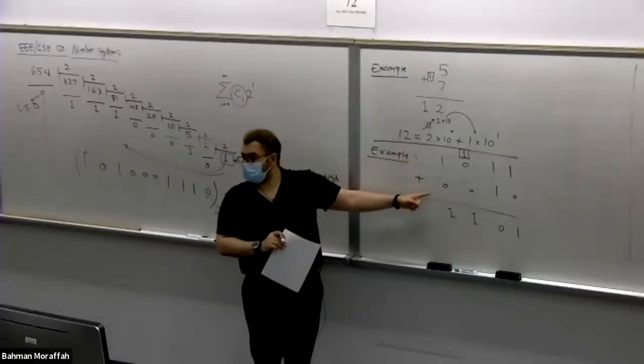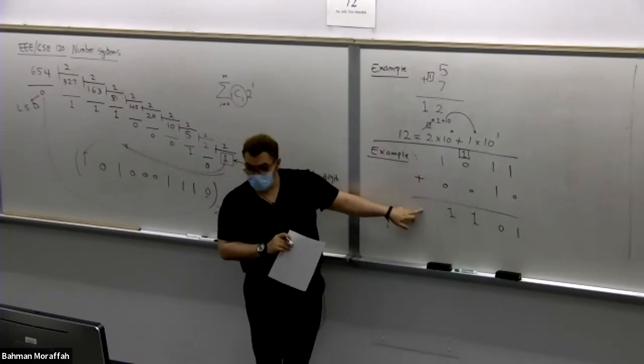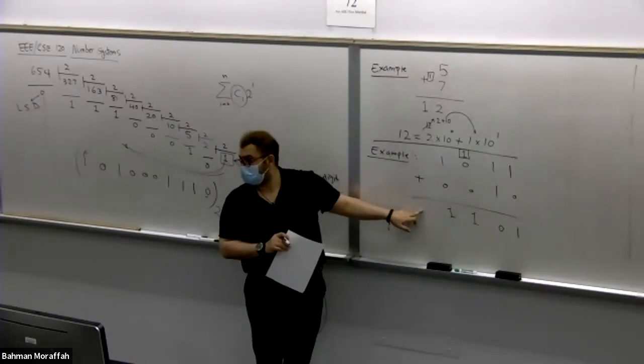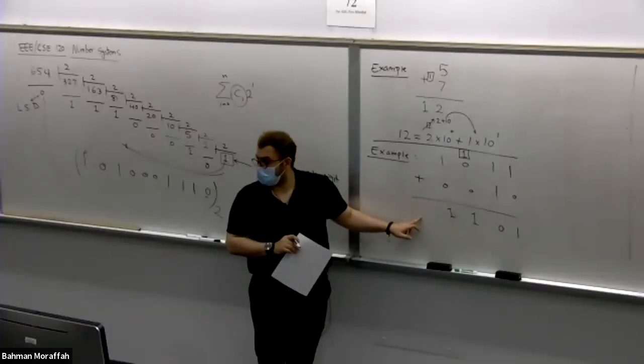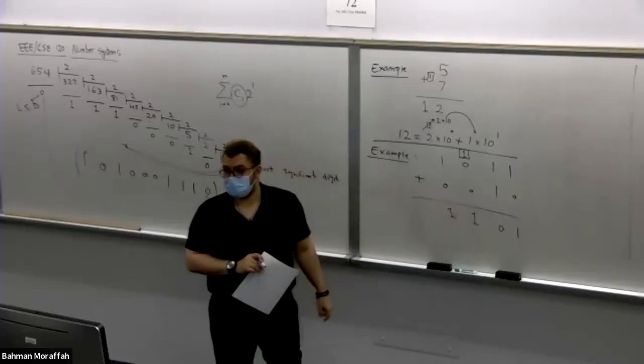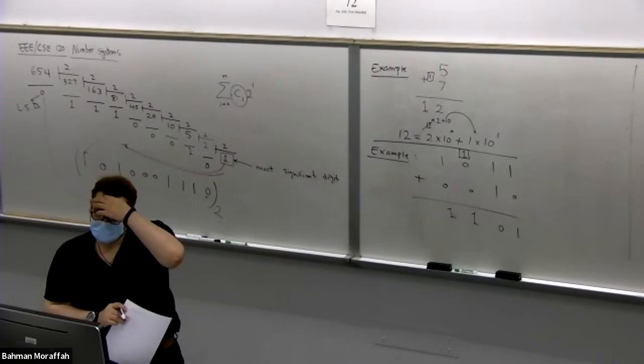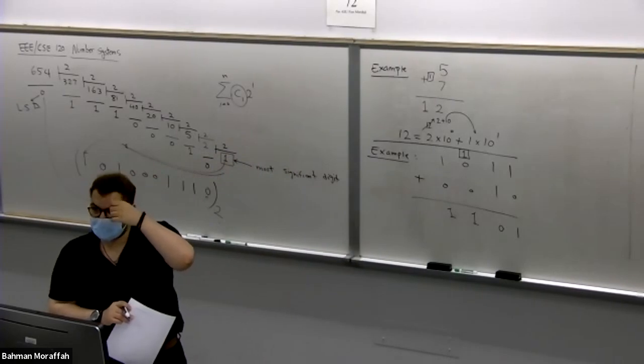So why wouldn't we put another one? Because that's a 4-digit representation of this. If, for example, this guy was a 1, right? Then I have a 1 over here, but that would be 5. So then that one would be 0. Correct, that one would be 0, and then I have a 1 here, right? And that would be 5 digits. So if there are 2 binary representations that are 4 digits, they have to be 4 digits, they can't be 5 digits?